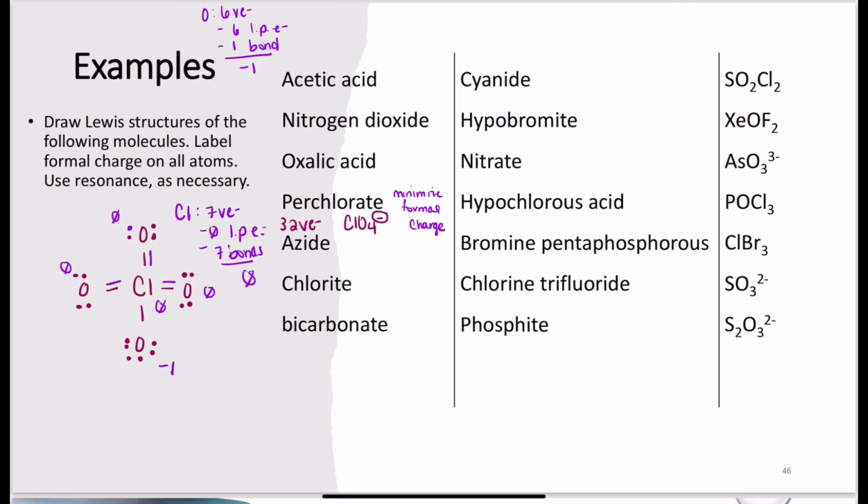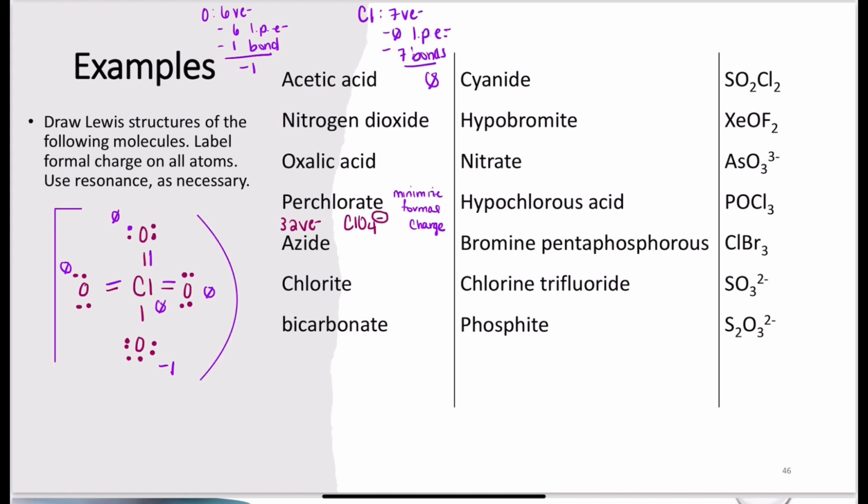Now, I did pick 3 random oxygen atoms to do the double bonds to. What if I had done different ones? What if I had used the other oxygens instead? Those would be what we call equivalent resonance structures. What I mean by that is this is one possible resonance structure, and normally we'd write the -1 charge up here.